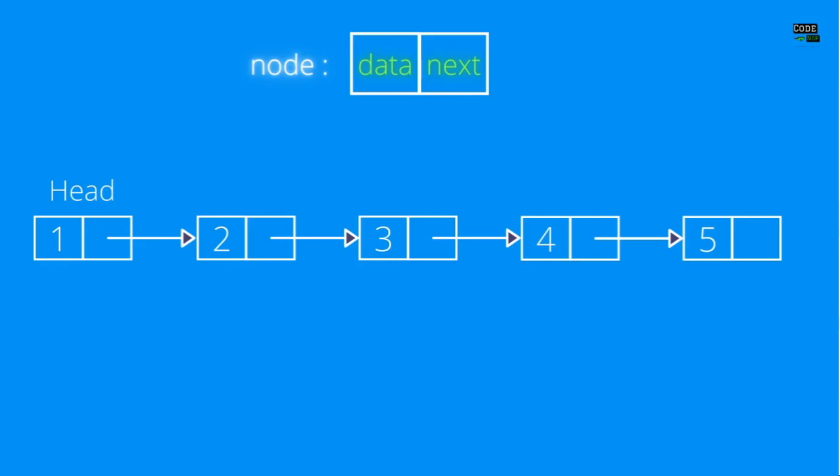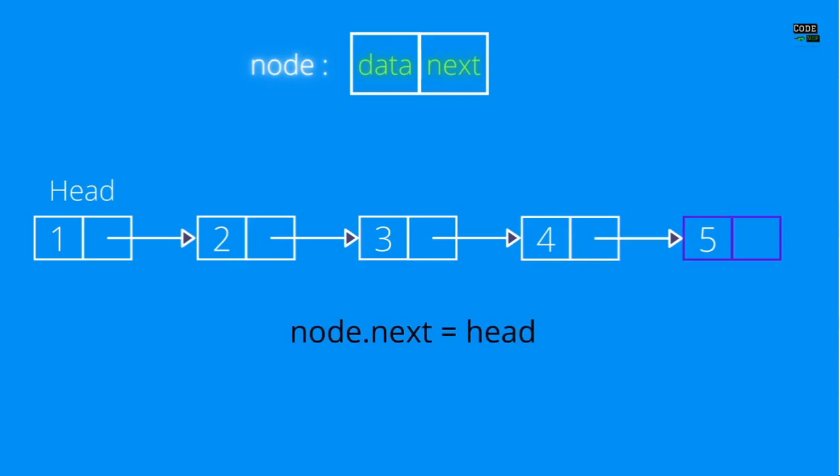First we iterate through the list and get the tail of the linked list, and we link it to the head like this. We iterate through 3, 4, and 5, and link this fifth node to the head again with this code you can see below: node.next equal to head, which links the tail node to the head.